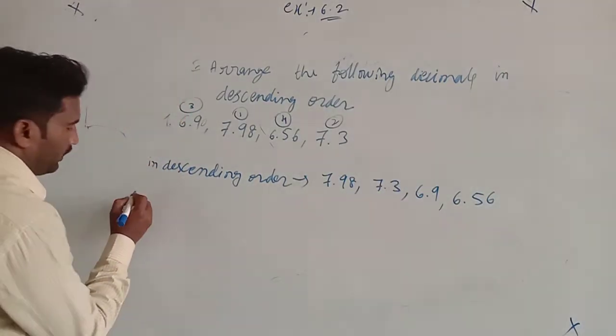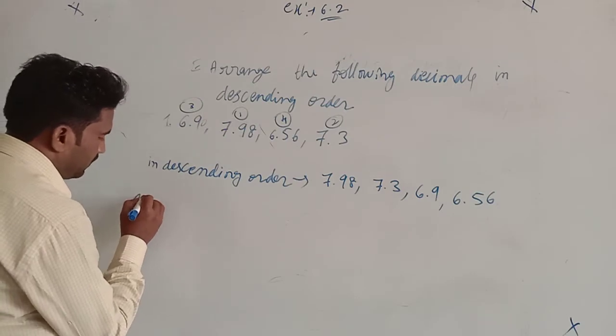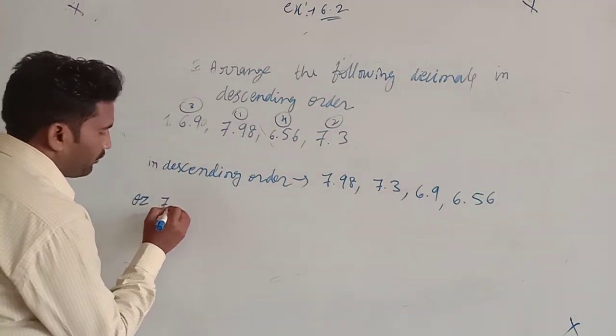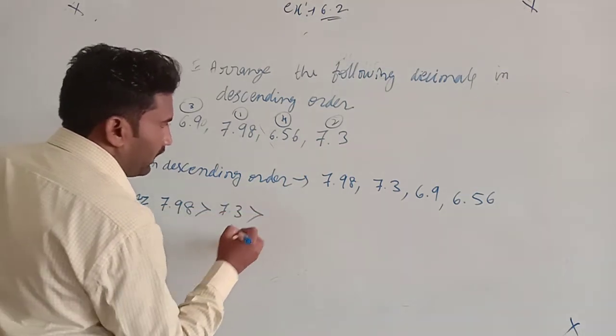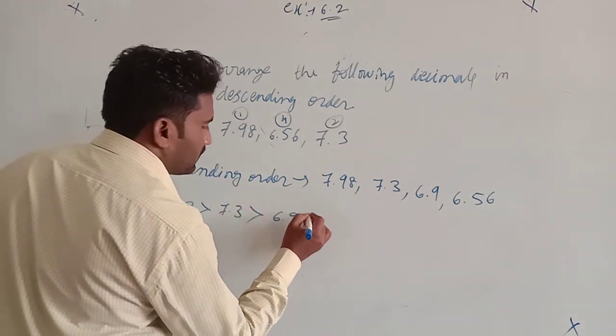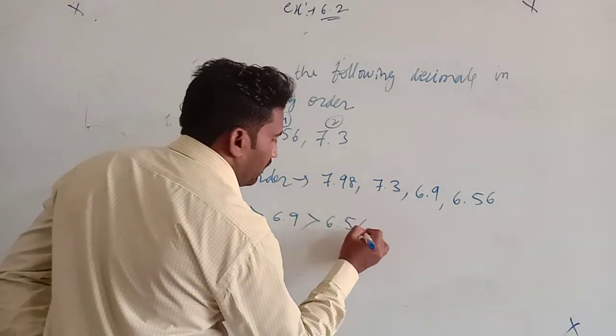In symbols we write 7.98 is greater than 7.3 is greater than 6.9 is greater than 6.56.